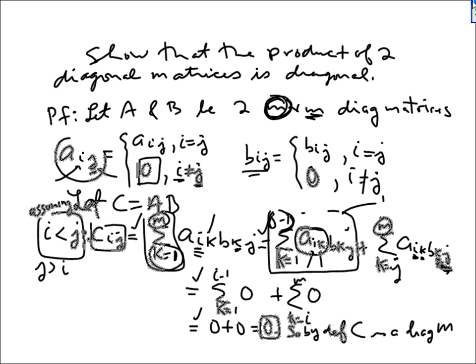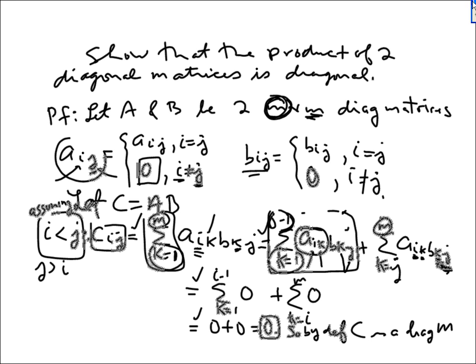In this first one, we know that j is bigger than i. But k goes up to j minus 1. Well, let's just stop for a moment. Let's scratch that last comment.